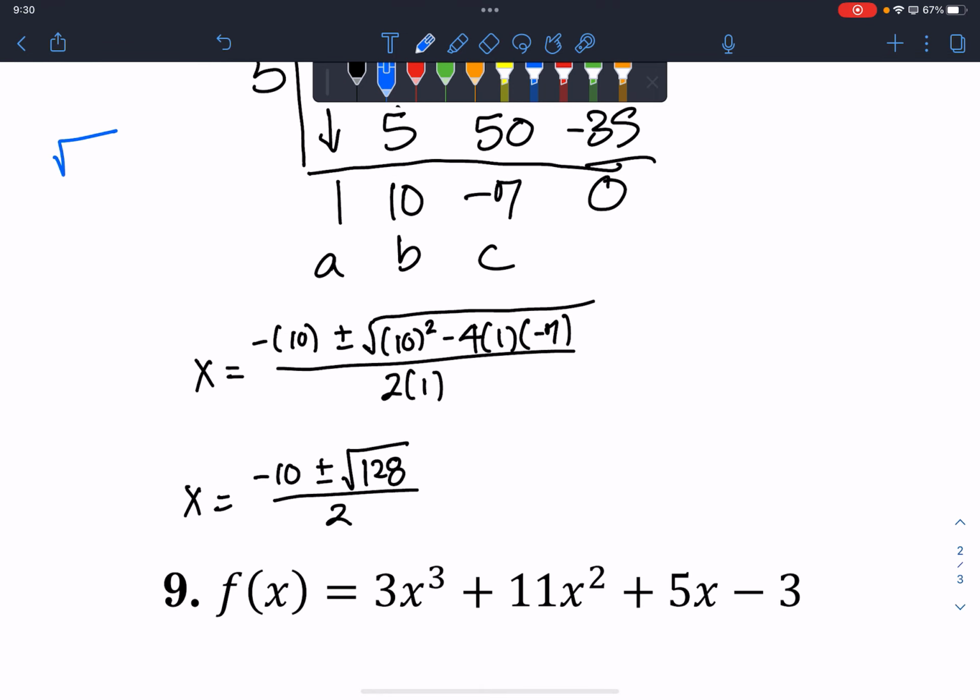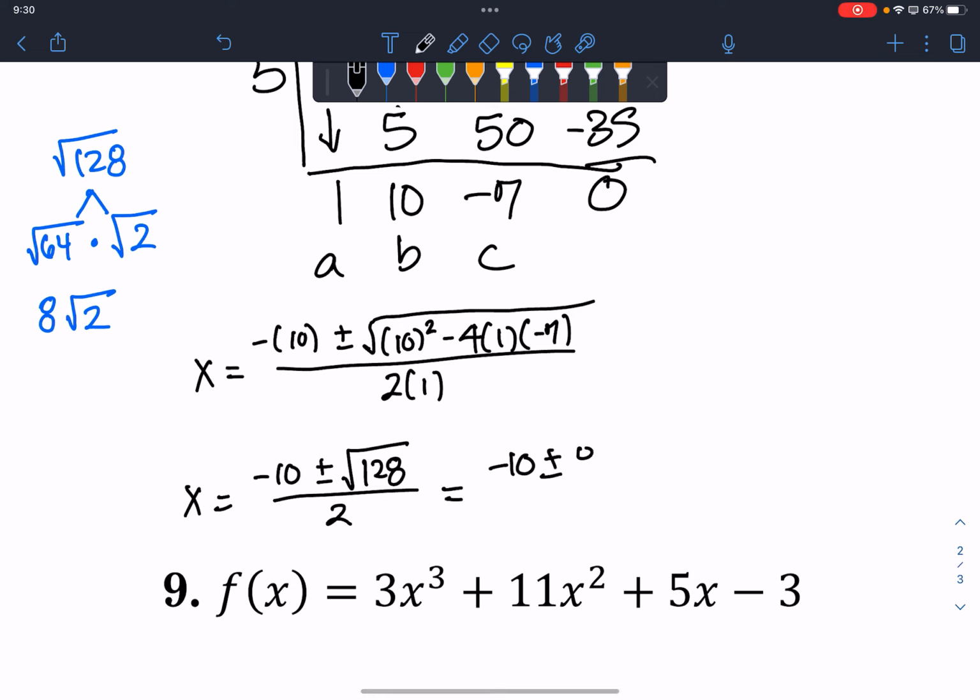The square root of 128 can be written as the square root of 64 times the square root of 2. And the square root of 64 is equal to 8 times the square root of 2. So we can write this as 8 times the square root of 2. All I've done again is replace this with that.